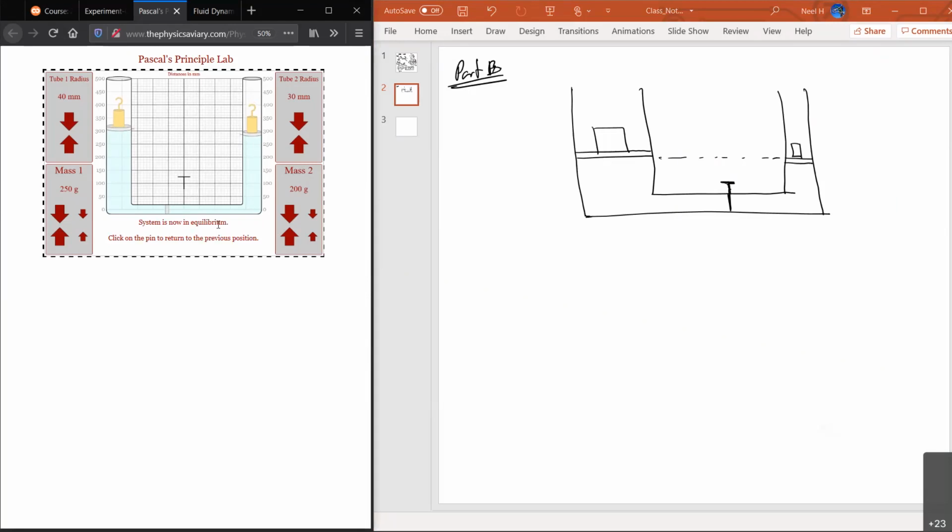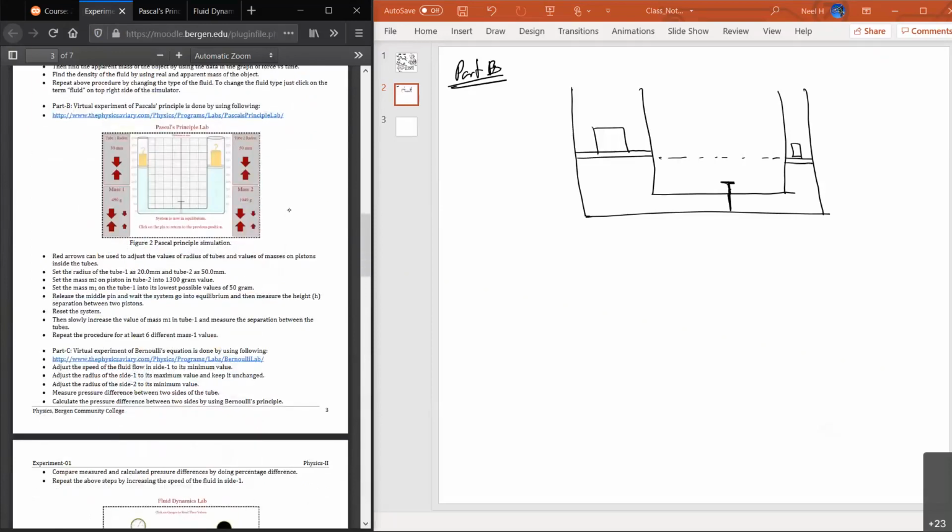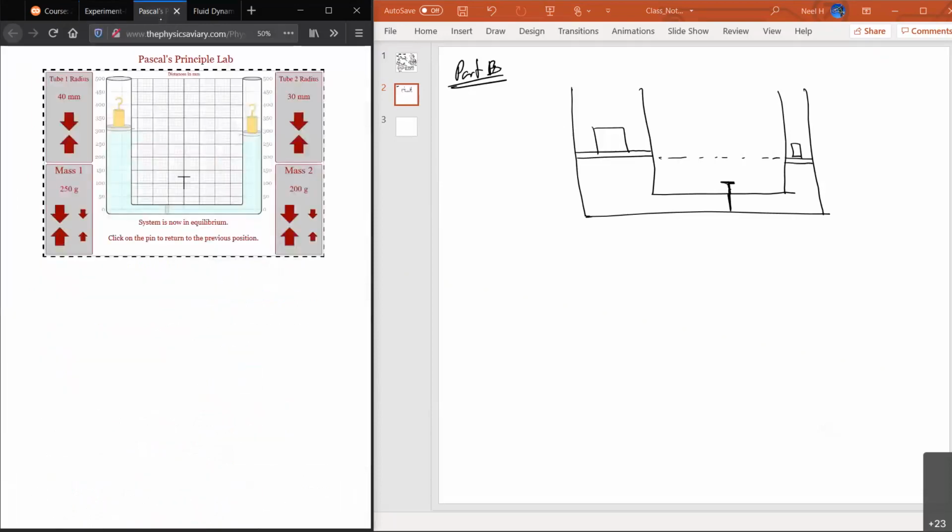Now, before you start this one, you have to set up the numbers properly. You have to set up tube number 1 with 20 millimeter radius, tube number 2 with 50 millimeter radius. The larger one should be 50, the smaller one should be 20. And then the larger one should have about 1300 gram mass, okay? So let's adjust those numbers here.